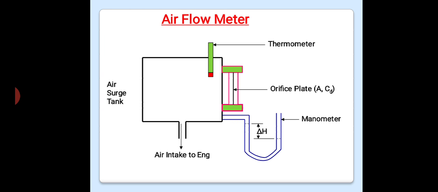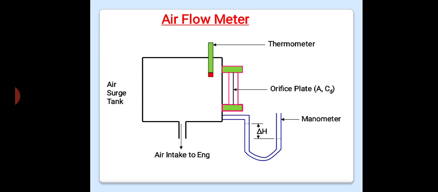Next, we are going to discuss the airflow meter. The airflow meter is for measurement of air consumption in the laboratory. It consists of a surge tank of capacity 400 to 600 times the displacement volume of the engine, so as to reduce the pulsation.